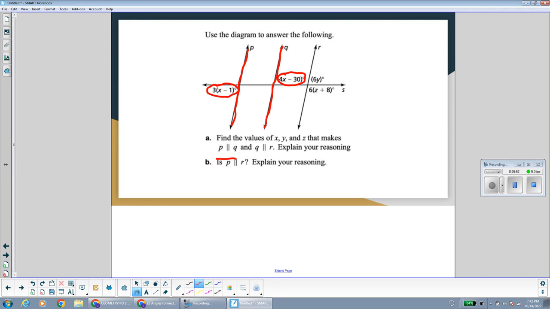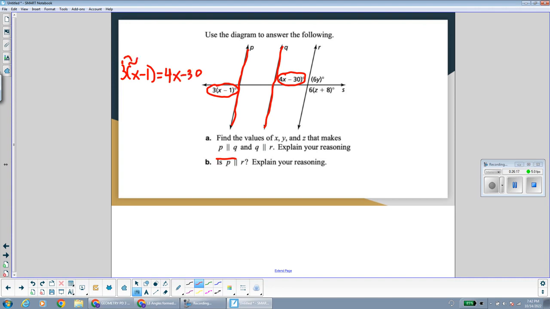Since we want the value of x that would make the lines parallel, let's set these alternate exterior angles equal to each other. 3(x minus 1) is equal to 4x minus 30.